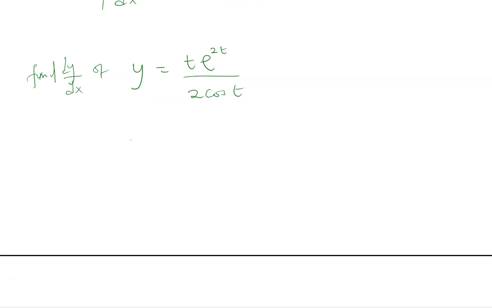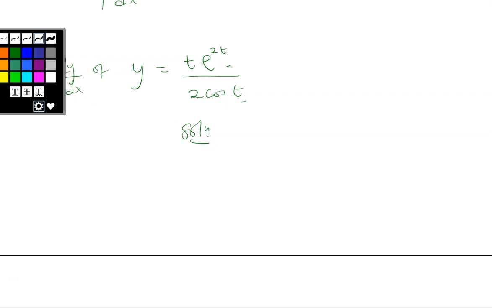The question is really complicated. You see, we have the product rule on top and we have the quotient rule in general. So if I should solve this one, it's going to be quite complicated. You get it? It's complicated. But let's solve it. Solution.